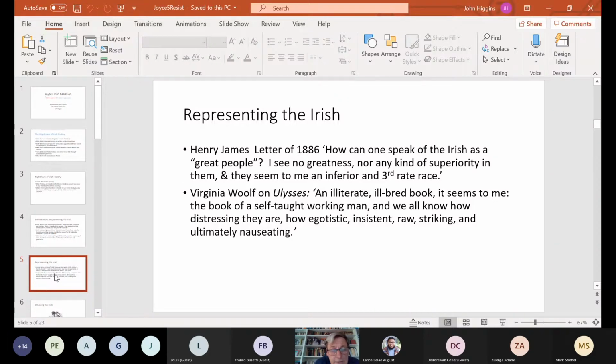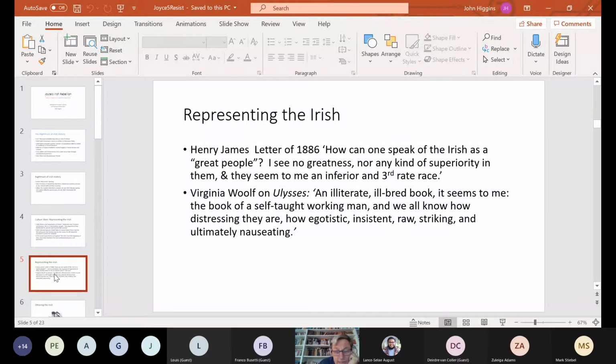Just to remind you of some of those, she described Ulysses as an illiterate, ill-bred book, it seems to me, the book of a self-taught working man. And we all know how distressing they are, how egotistic, insistent, raw, striking, and ultimately nauseating.